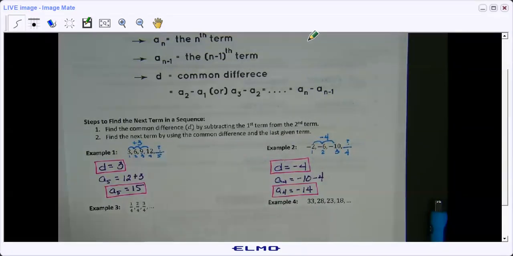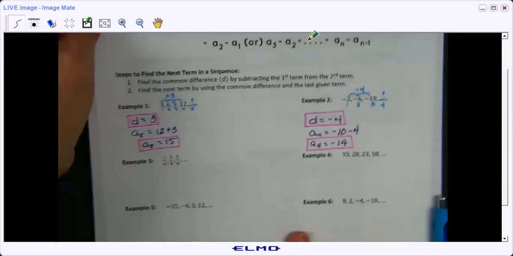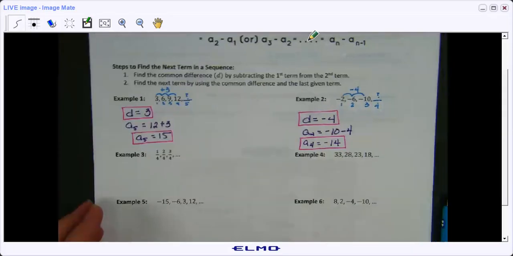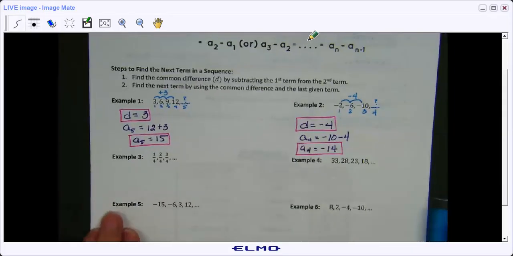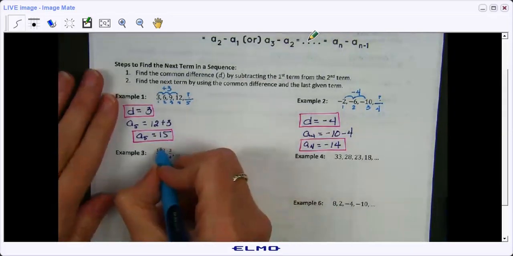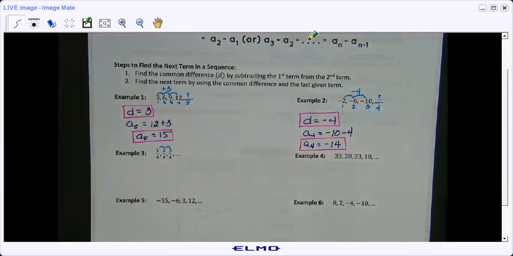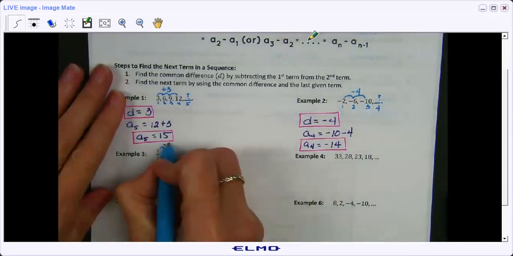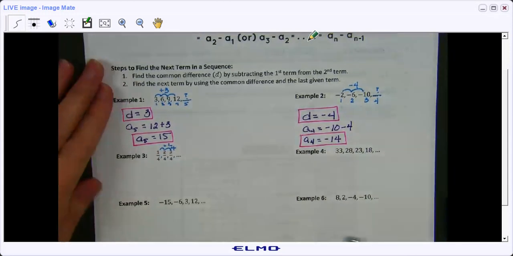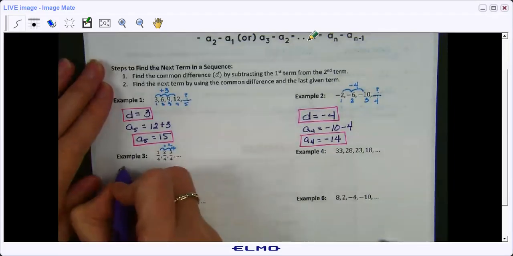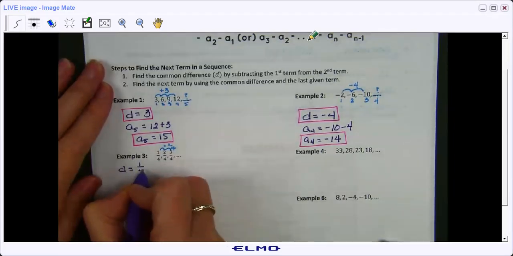All right, we're going to do one more together. We're going to do example 3, and then you're going to do 4, 5, and 6 on your own. So from 1/4 to 1/2 to 3/4, what are we doing? We're adding 1/4 each time. So our common difference is 1/4.